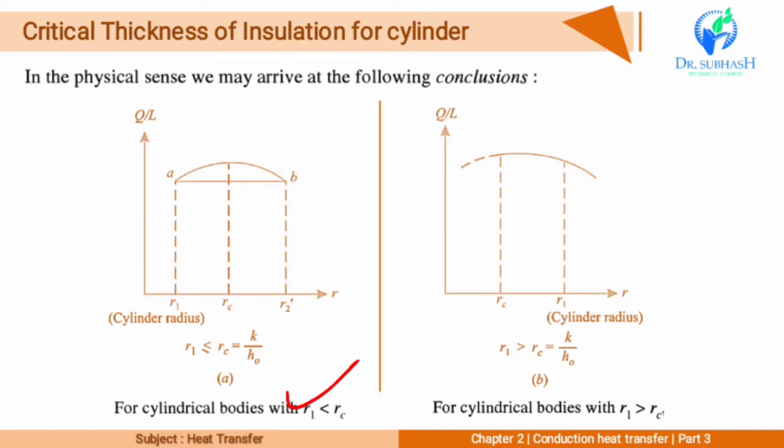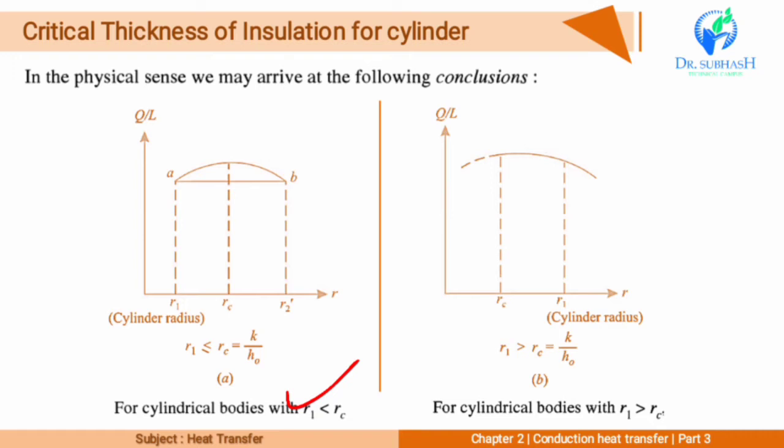But until a certain amount of insulation, denoted by R2 dash at B, is added, the heat loss rate is still greater than for the solid cylinder.